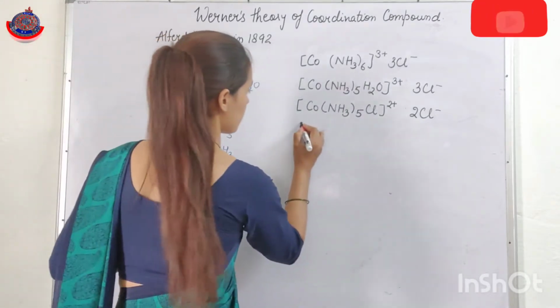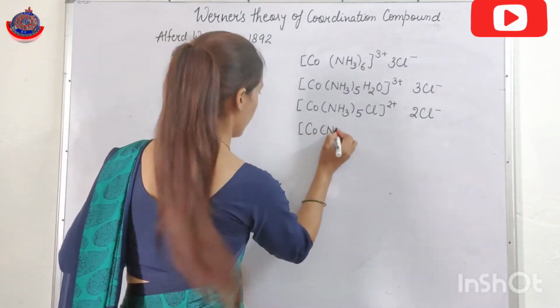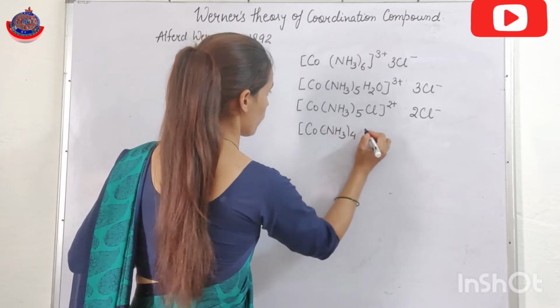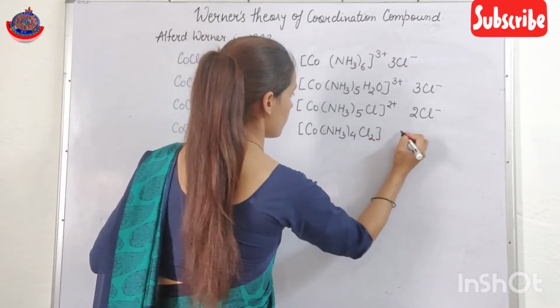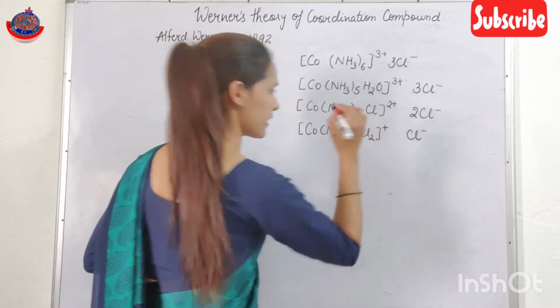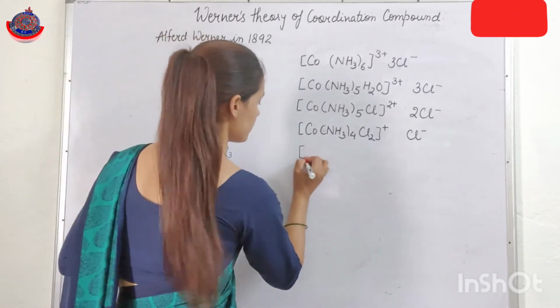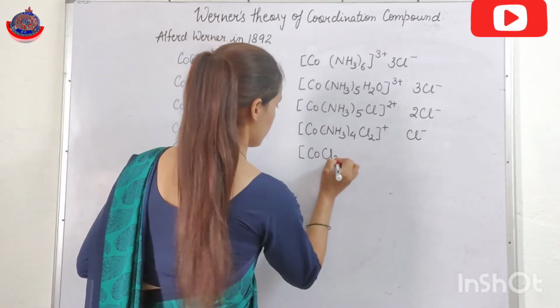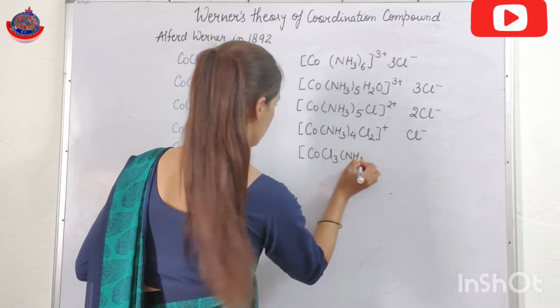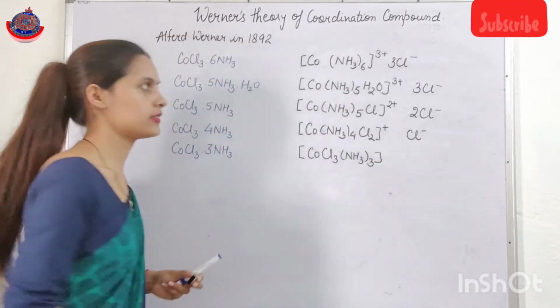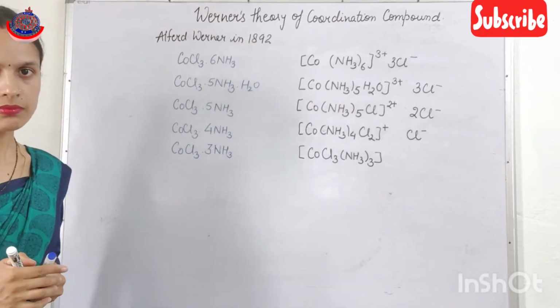In this Co(NH3)4Cl2 positive, Cl negative, and in the last we get 0 Cl negative ion. क्या मिला?